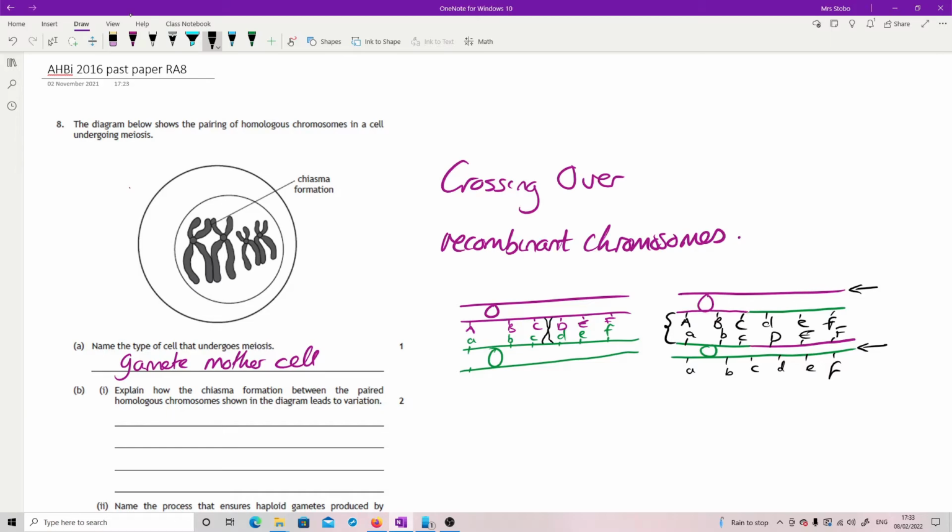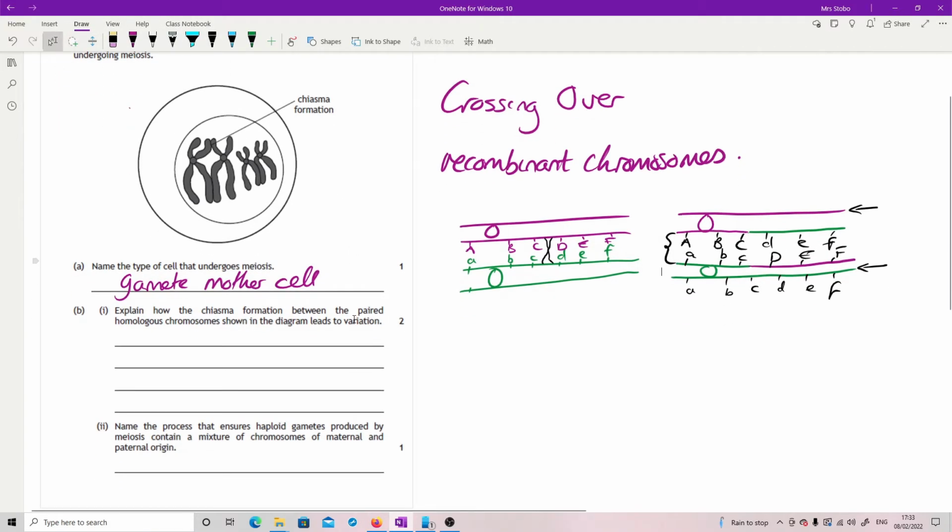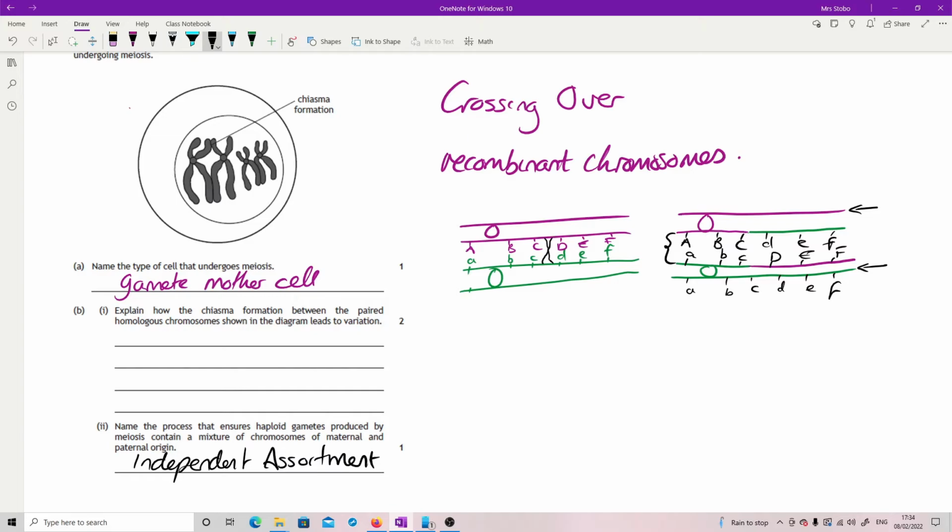Okay. Name the process that ensures haploid gametes produced by meiosis contain a mixture of chromosomes of maternal and paternal origin. Right, that is independent assortment. So that means if you're looking at a cell, and let's make it easy, let's go for 3 different chromosomes.